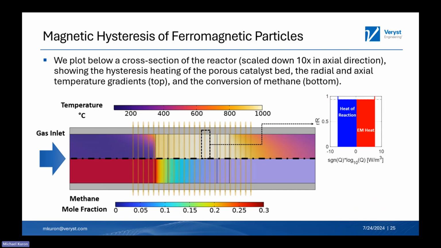We see a much more efficient and uniform consumption of methane as a result. This largely improves the overall performance of this type of system by leveraging hysteresis heating. And again, we're solving all of this in a fully coupled manner within COMSOL Multiphysics.